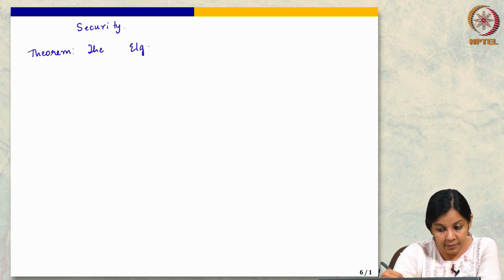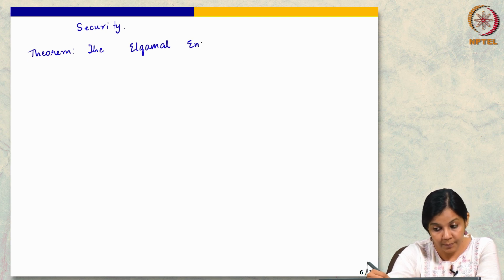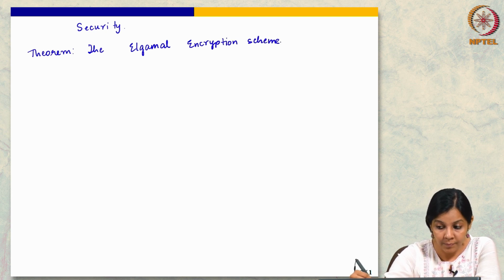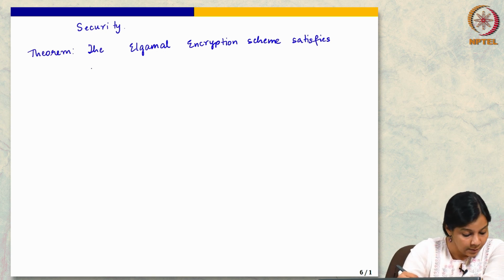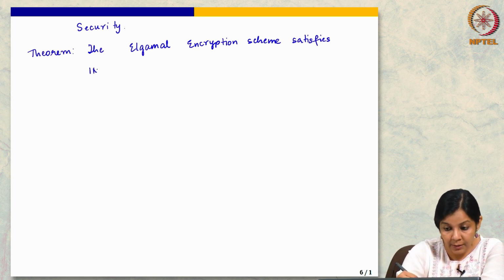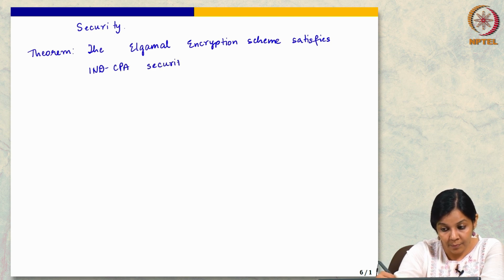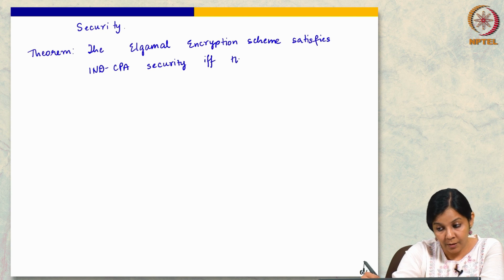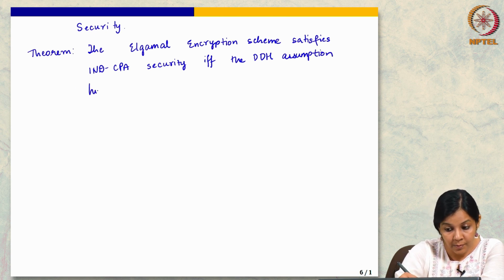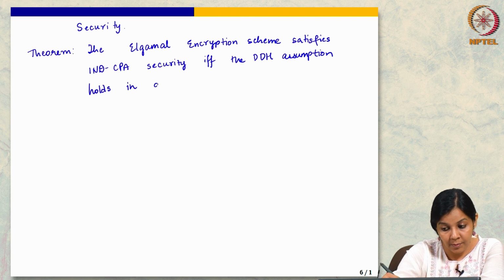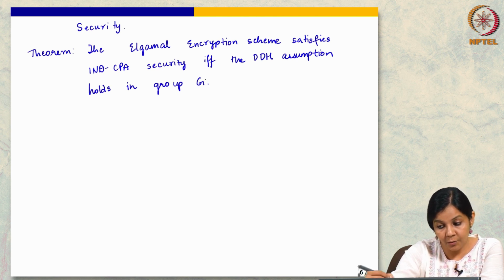The El-Gamal encryption scheme satisfies IND-CPA security if the DDH assumption holds in group G.